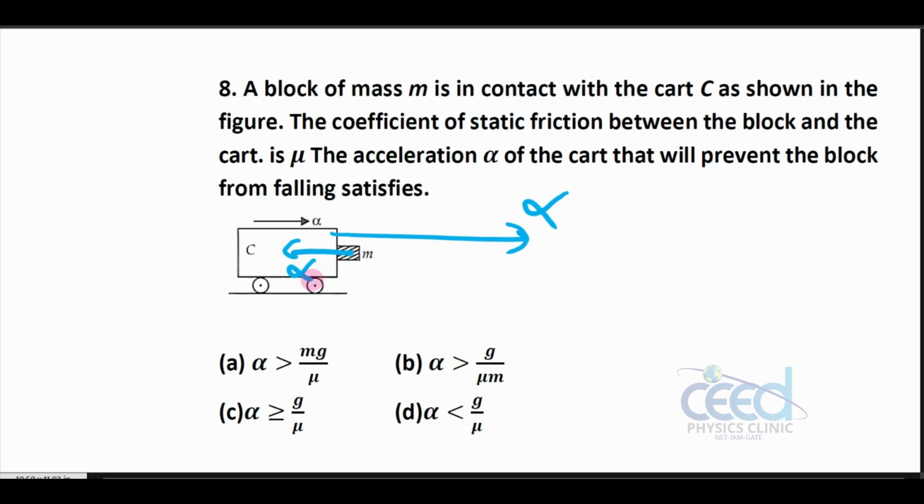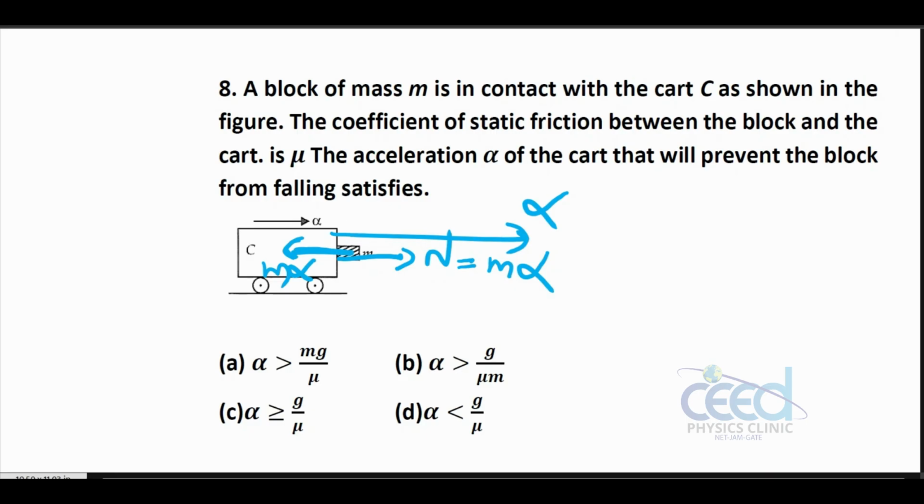That we studied as a fictitious force acting on a body in a moving frame. Now what is our condition? The block pushes on the vehicle with m alpha, so the normal reaction n is m alpha, equal and opposite reaction.